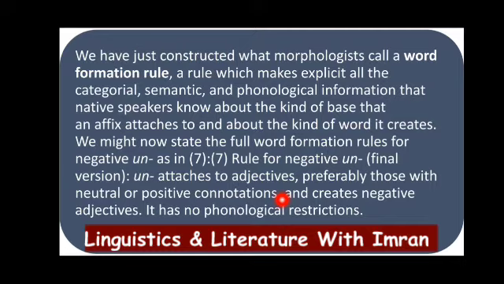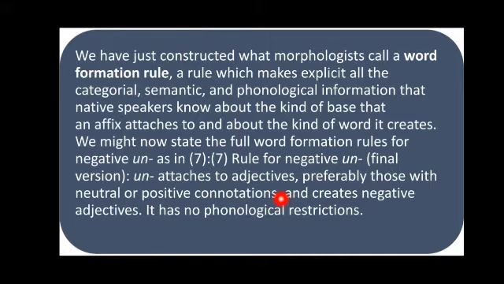While there is no category change, happy is also an adjective and unhappy is also an adjective. But there is also phonological variation, right? We don't have any restrictions like happy and unhappy. So happy has one phonological version and unhappy has another one. So that's why they say that it has no phonological restriction. Phonologically, there is variation, right?